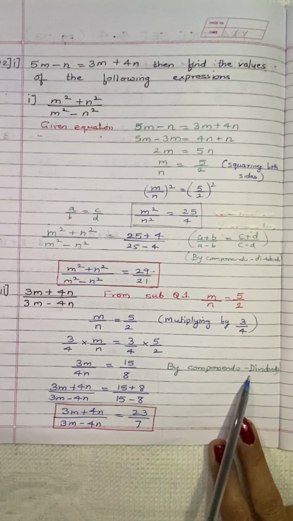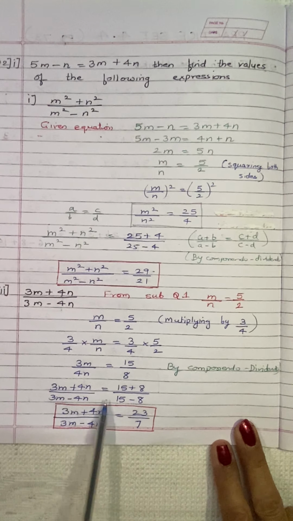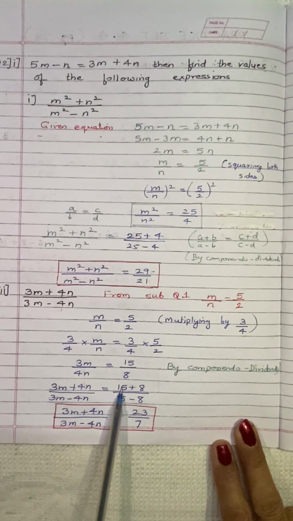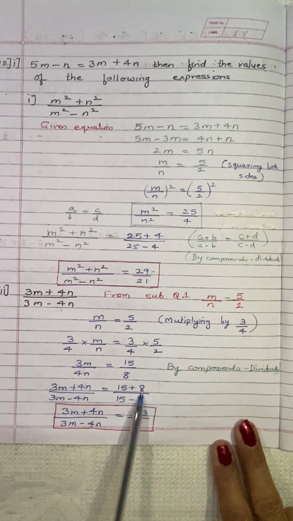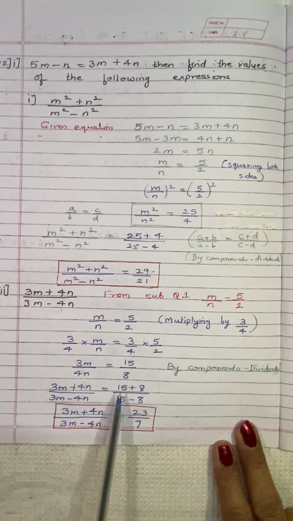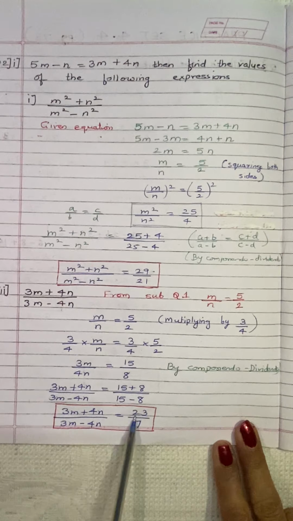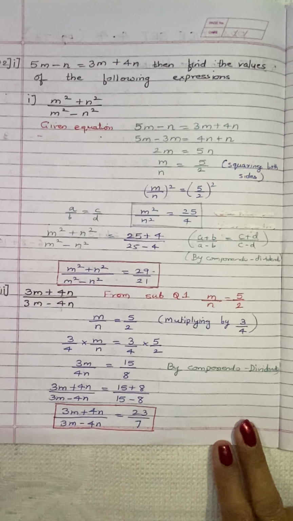By componendo dividendo, 3m upon 4n is equal to 15 upon 8. So 3m plus 4n is 15 plus 8, which is 23, and 3m minus 4n is 15 minus 8, which is 7.